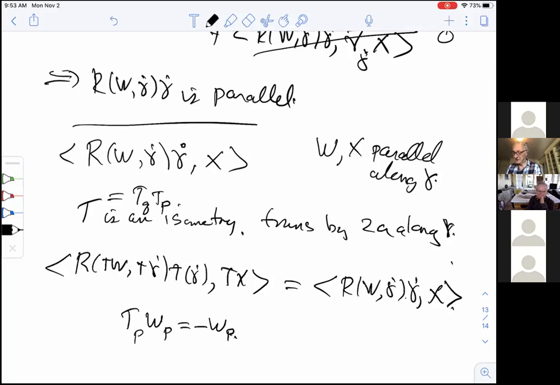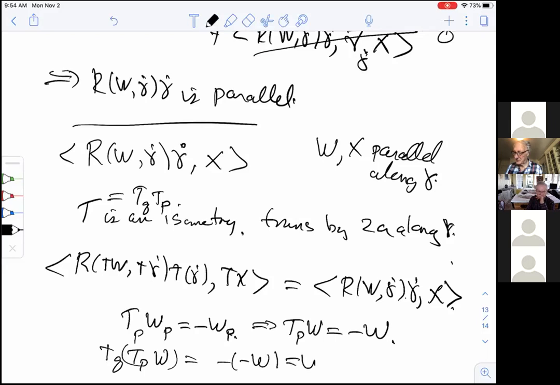So that's where this equation comes from. But now W is parallel. So that implies T_P of W is minus W everywhere. And likewise for T_Q of, then T_P of W is minus W, which is W.